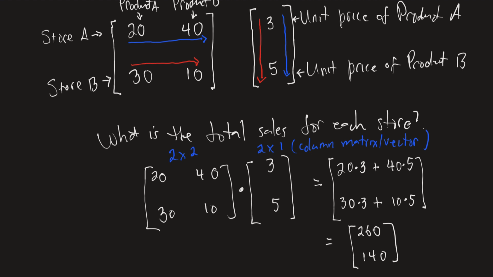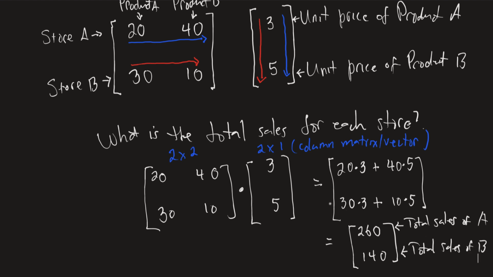And remember, this corresponds to store A, this corresponds to store B. So this number right here now is the total sales from A, and then this number here represents the total sales of store B.